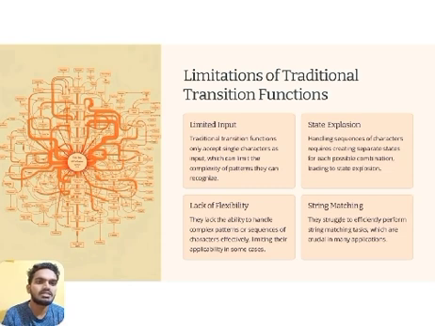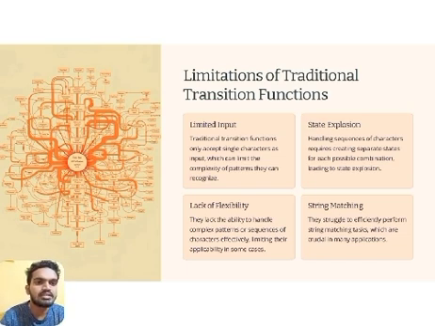Limitations of traditional transition functions. Limited input. Traditional transition functions only accept single characters as input, which can limit the complexity of patterns they can recognize. State explosion. Handling sequences of characters requires creating separate states for each possible combination, leading to state explosion. Lack of flexibility.